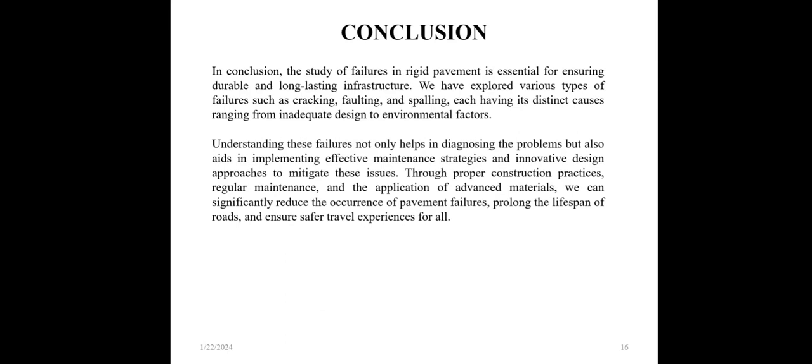Understanding these failures not only helps in diagnosing the problem but also aids in implementing effective maintenance strategies and innovative design approaches to mitigate these issues. Through proper construction practices, regular maintenance, and the application of advanced materials, we can significantly reduce the occurrence of pavement failure, prolong the lifespan of roads, and ensure a safer travel experience for all.